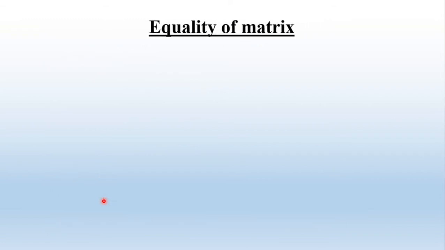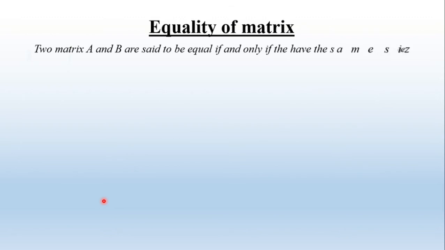Next, equality of matrix. የማትሪክስ እኩልነት ምንለው ማለት ነው። Two matrices A and B are said to be equal if and only if they have the same size and all the corresponding entries are equal.